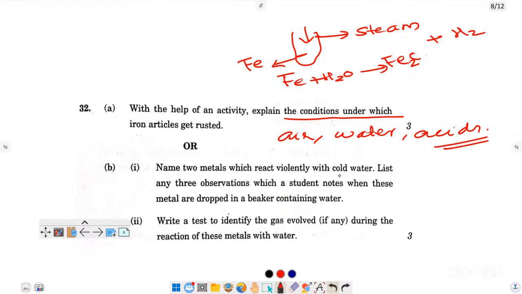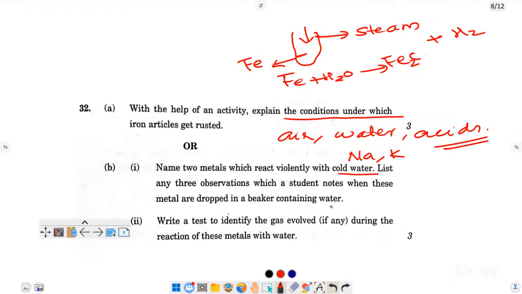Name two metals which react violently with cold water. I told you highly reactive metals will react violently with cold water. You can write sodium and potassium. List any three observations a student notes when these metals are dropped in a beaker containing water. Magnesium will react only with hot water, correct.